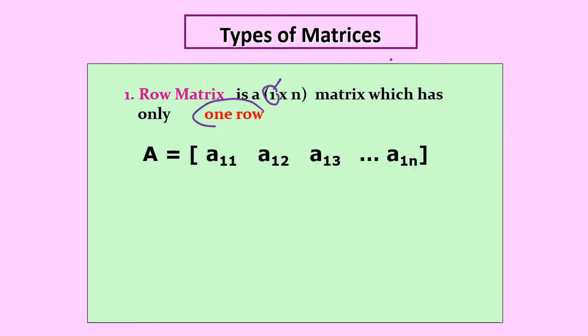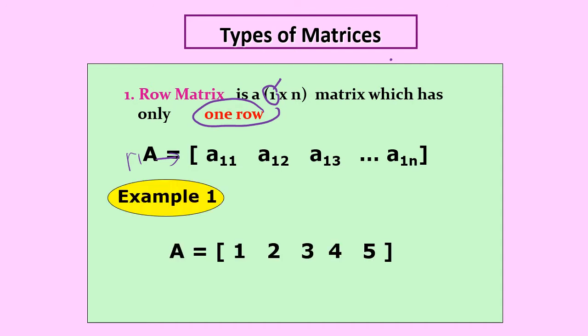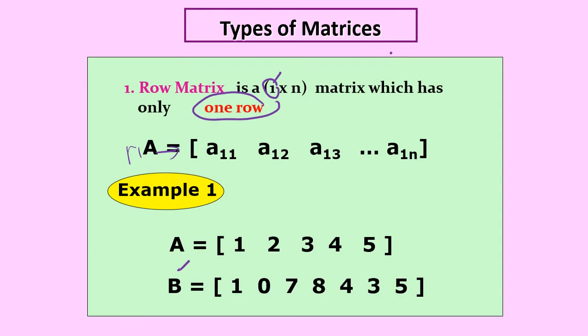It doesn't matter how many columns we have. If it has one row, it is a row matrix. For example, matrix A has 1, 2, 3, 4, 5 across but only one row. And B is also a row matrix.